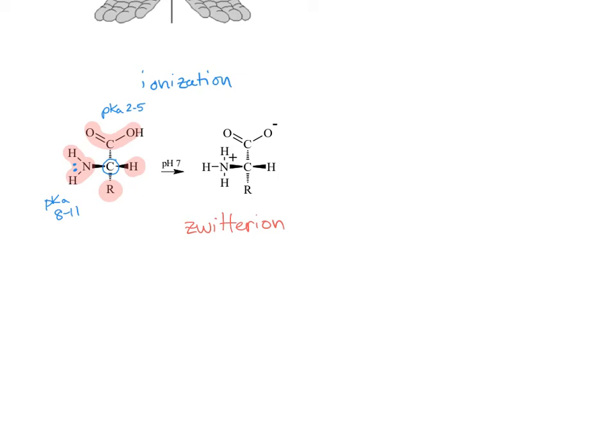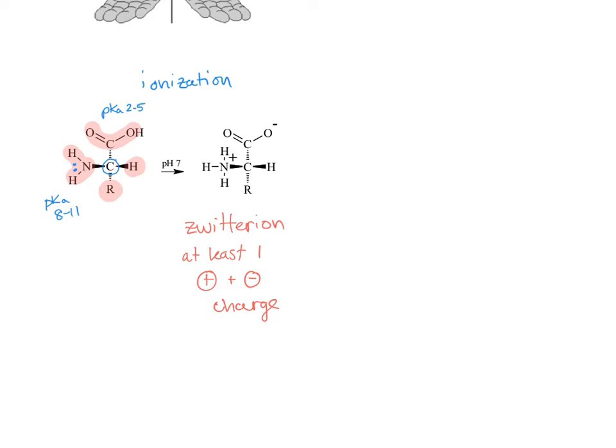What that is, is at least one positive and negative charge on a molecule. It doesn't have to balance. You could have two positives and one negative. That would still be a Zwitter ion as long as you have one of each. So I'd like you to know that term.